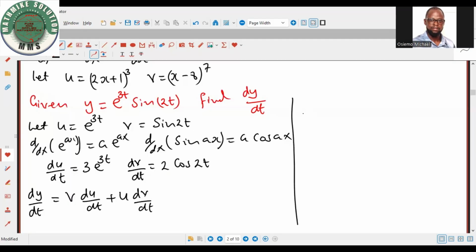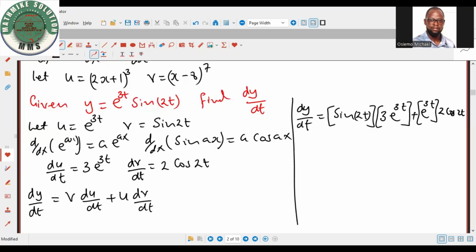So we're going to have dy dt is equal to, our v is sine 2t, then we have du dt being equal to 3 exponential 3t, plus, then we have u, which is exponential 3t, and then now we have dv dt, which is 2 cos 2t.